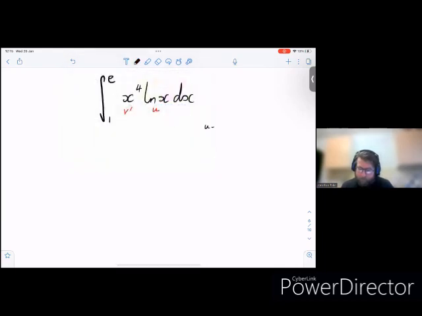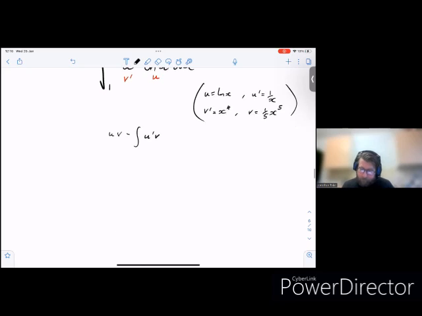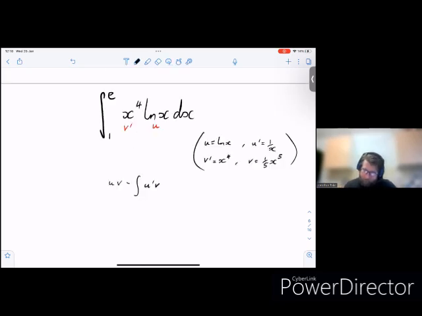So u is log x, so u dash is 1 over x. v dash is x to the 4, so v is x to the 5 over 5. Putting all this into our formula, we get, okay, so uv becomes a fifth x to the 5 log x.